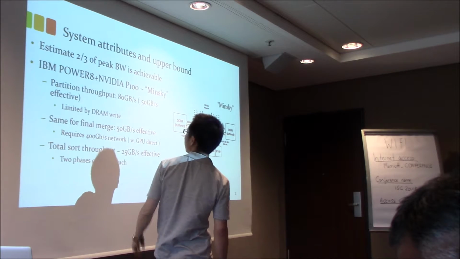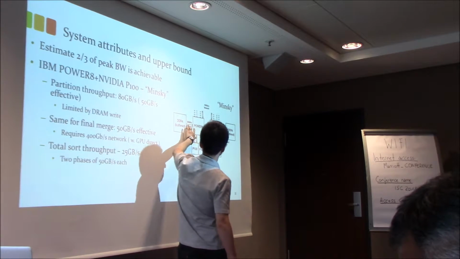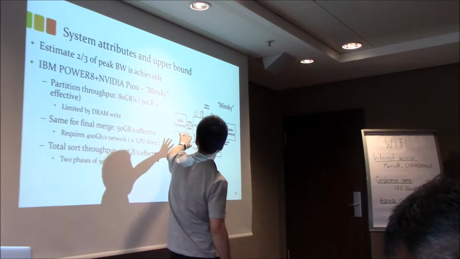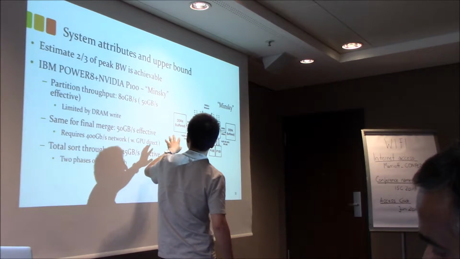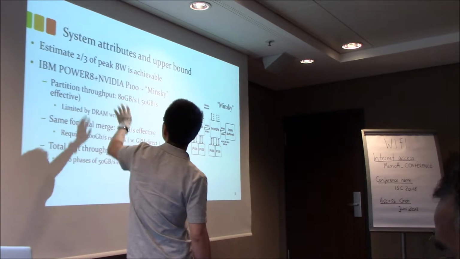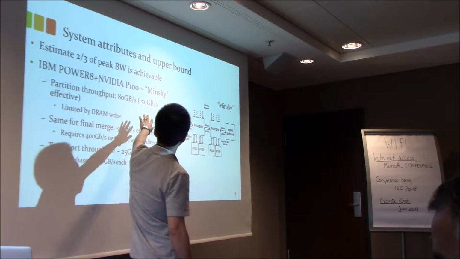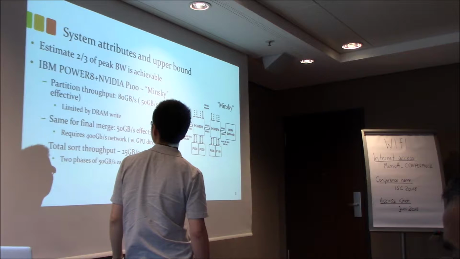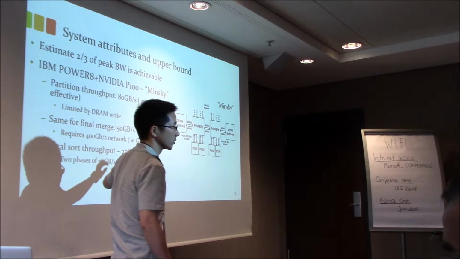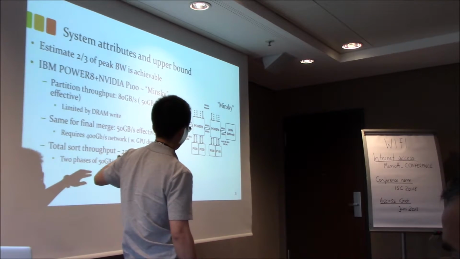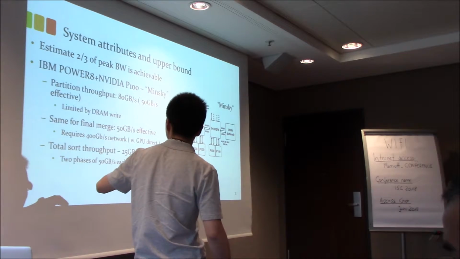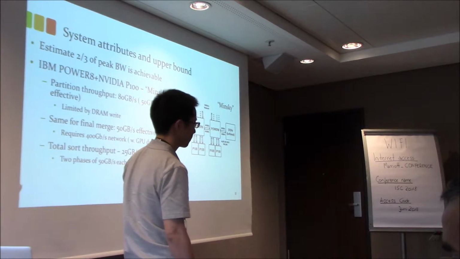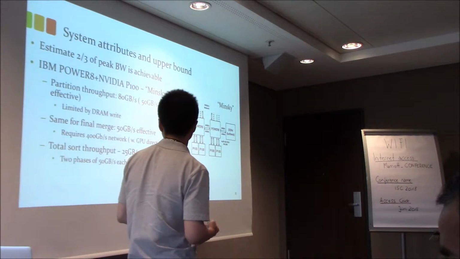So the partition is bottlenecked by the write path here. So 40 multiplied by 2/3 is a 50 gigabytes per second estimate. It is the same for the final sort. So the net is that for the total sort, we can estimate the upper bound is 25 gigabytes per second.